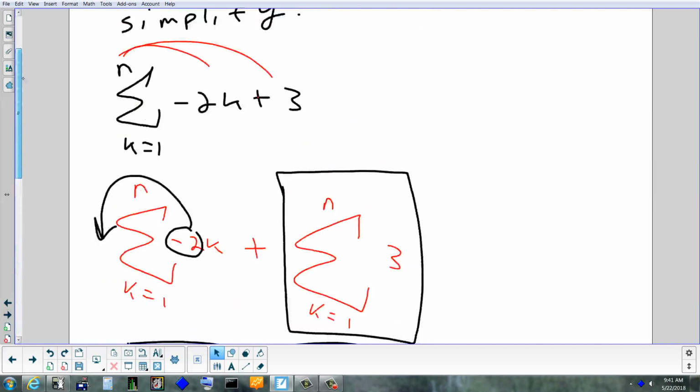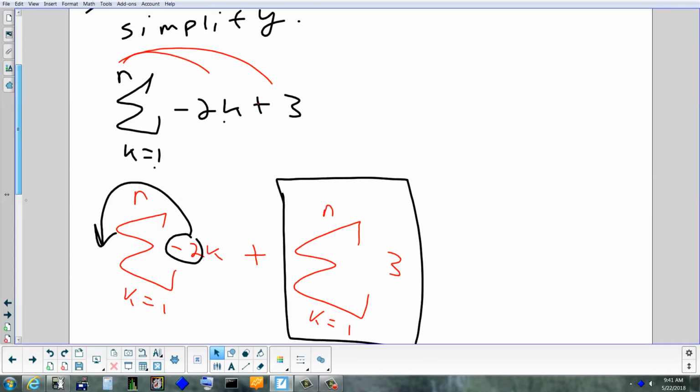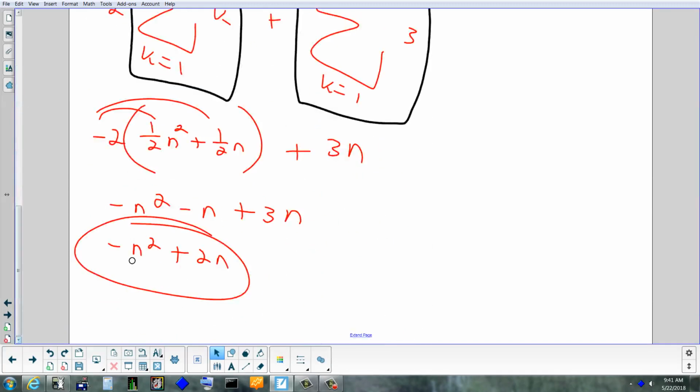So now, in this particular formula, if I said to you, add every number from 1 to 1,000 using this formula, the old way, you'd plug in every number from 1 to 1,000 for k, write down every calculation, and then add them all up. The new way, just plug in 1,000 for n, and that's your answer. So it's negative 1,000 squared plus 2,000, and that would be it. Any questions on that one?